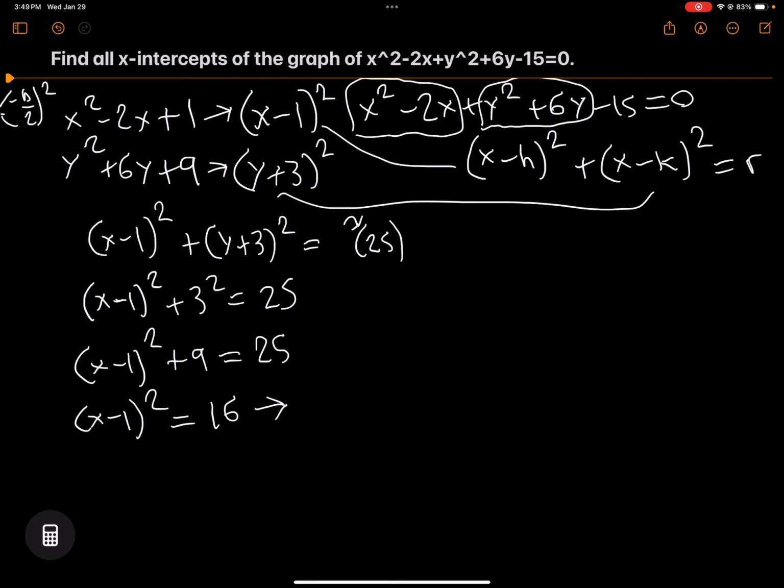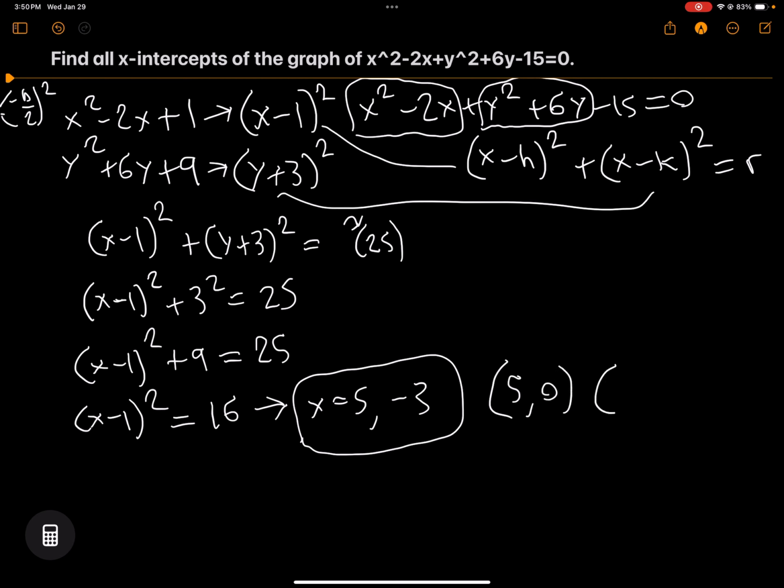So we've got x equals 5, that's the positive one, or x equals negative 3, because negative 3 minus 1 is negative 4, and negative 4 squared is 16. So those are our two values for the x-coordinate. They want to know the entire x-intercept, so our two final answers are (5, 0) and (negative 3, 0).